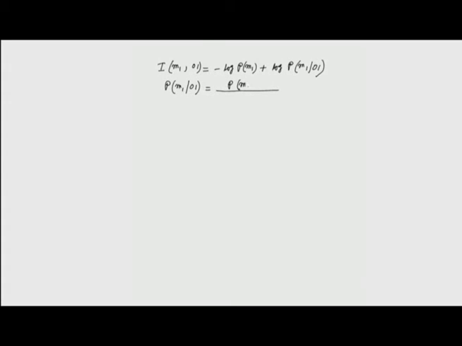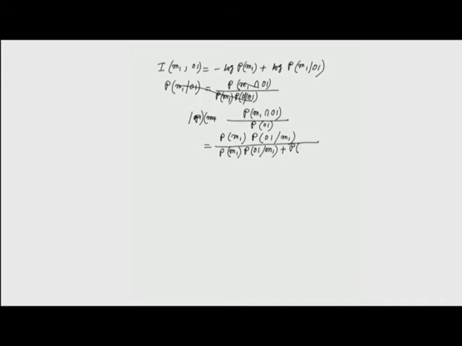That will be probability of M1 intersection 0 1 divided by probability of 0 1, which is probability of M1 into probability of 0 1 given M1 divided by probability of M1 into probability of 0 1 given M1 plus probability of M2 into probability of 0 1 given M2.